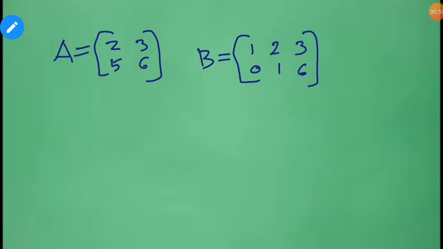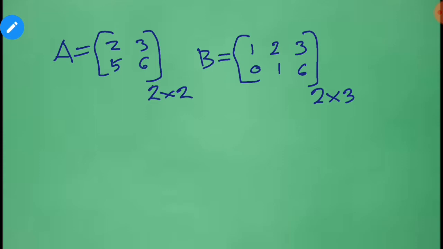For example, consider two matrices A equal to matrix 2, 3, 5, 6. It is a 2 by 2 matrix, 2 rows and 2 columns, and another matrix B equal to 1, 2, 3, 0, 1, 6. It is a 2 by 3 matrix, that is 2 rows and 3 columns.